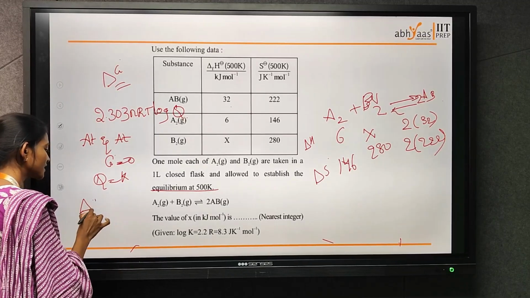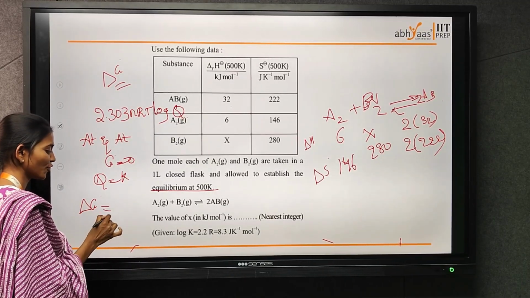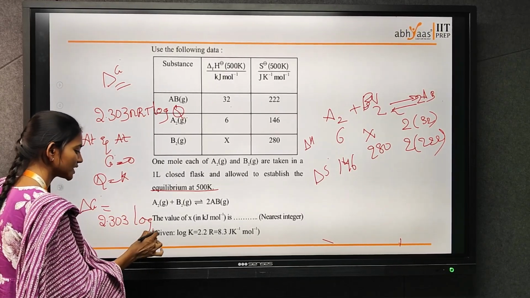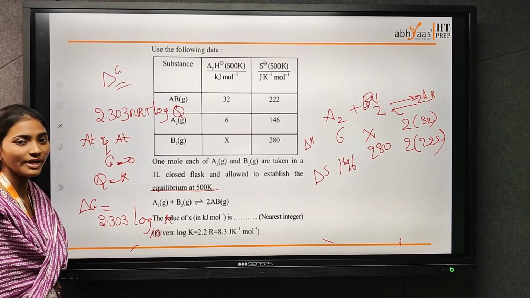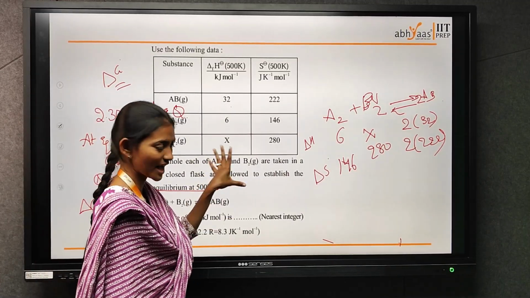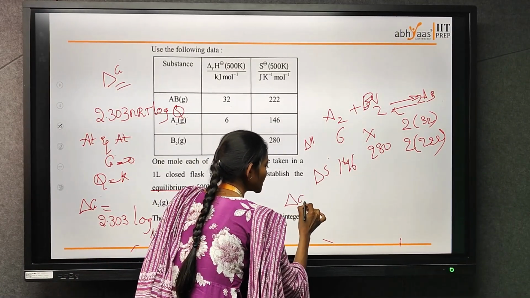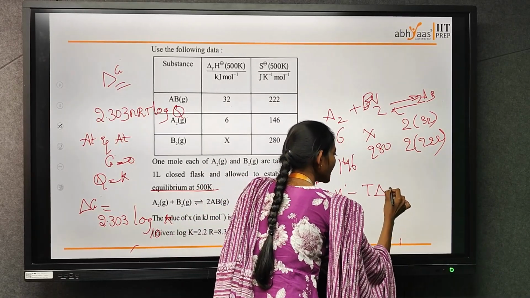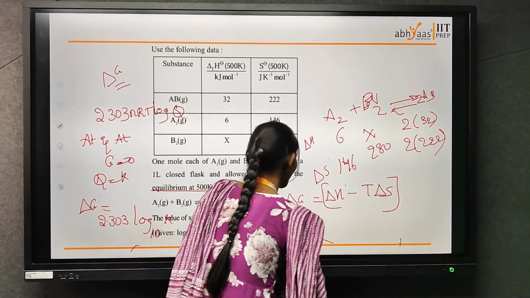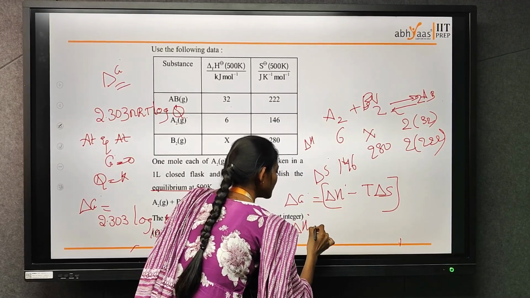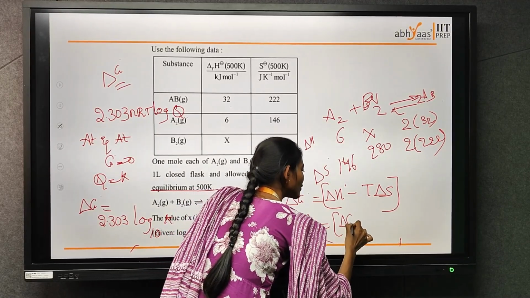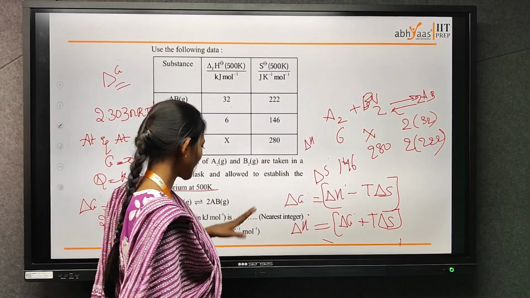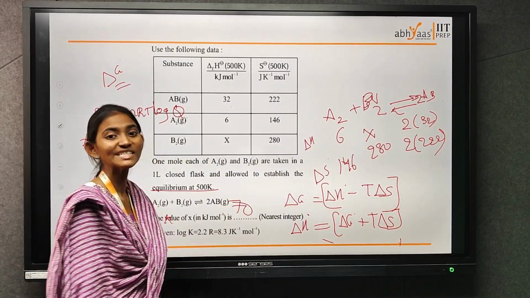Therefore, delta G naught is equal to minus 2.303 RT log base 10 K, right? So find this. Upon doing the calculation, you will get delta G naught is equal to delta H naught minus T delta S naught. Okay, upon doing the calculation, you will get your nearest value, 70.